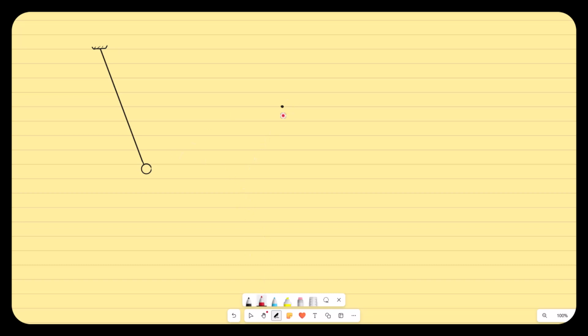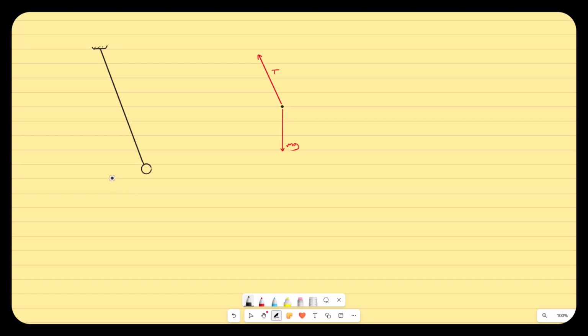Acting on this pendulum, I have mg. Again, pretty automatic. And then I've got this string, maybe, going up and to the left. It's a string, so that's going to be a tension force, and that's really all I've got going on.